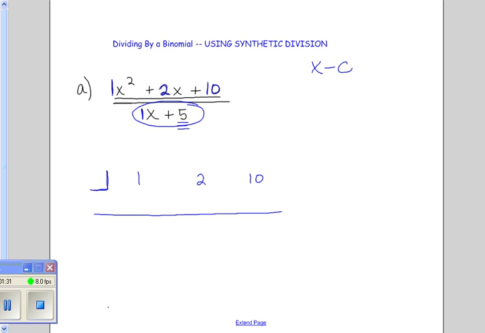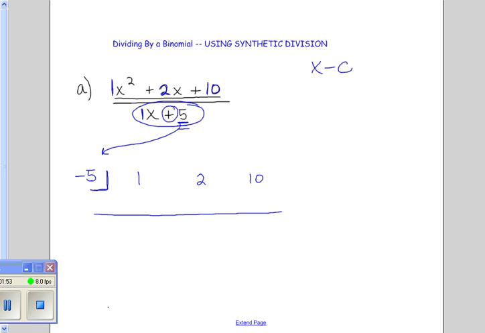So here my leading term is a 1. The only number I'm concerned with is the constant, that c. So we always take that number, put it on the outside, and change its sign. So if it's a positive when I have it in my problem, it will be a negative. It'll change to a -5.